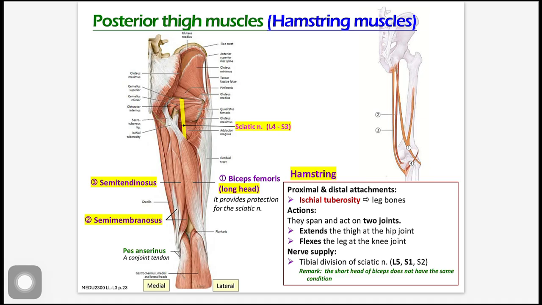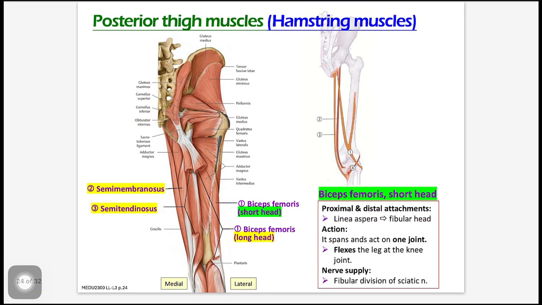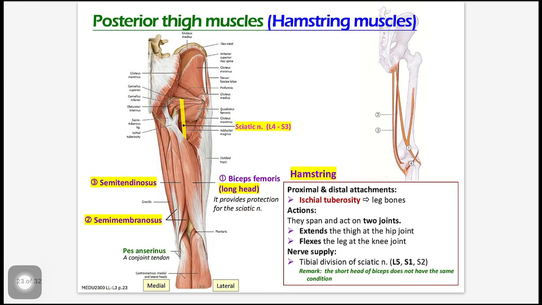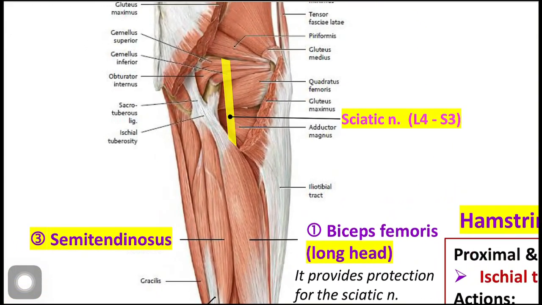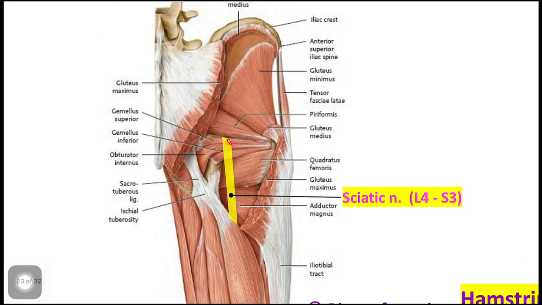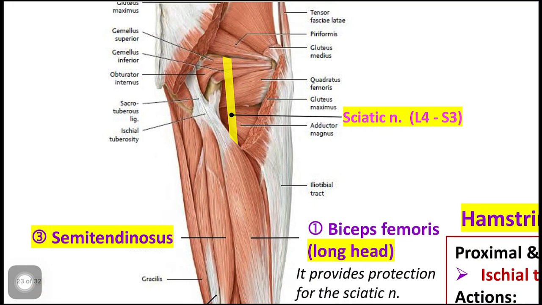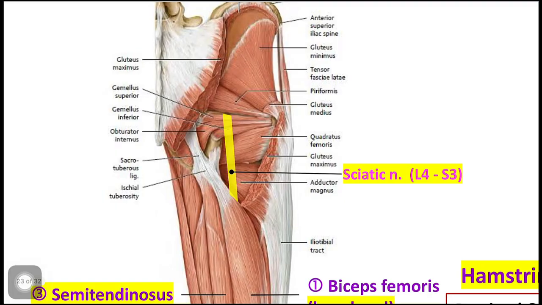Okay, now here we have kind of outliers. Why? Because this muscle, in 2 ways, is an outlier. Take a look. Sorry, I forgot to mention one thing. I put the colors here to tell you the location of the sciatic nerve. That's why here you see that the gluteus maximus muscles are removed, right?